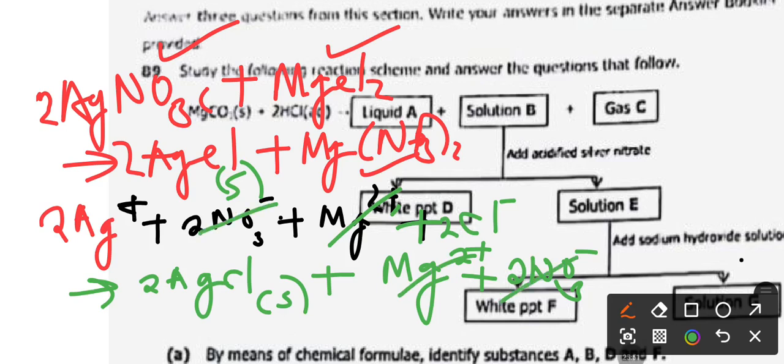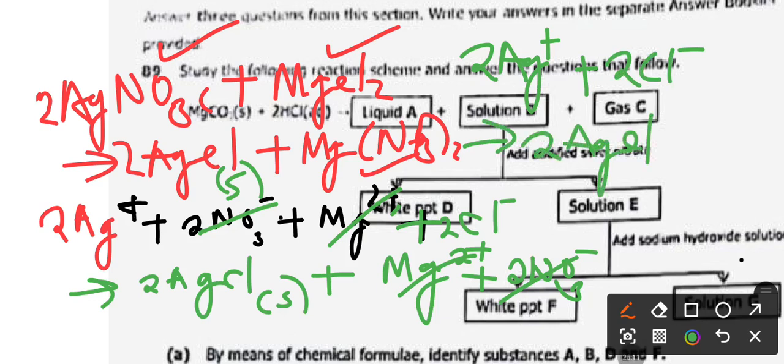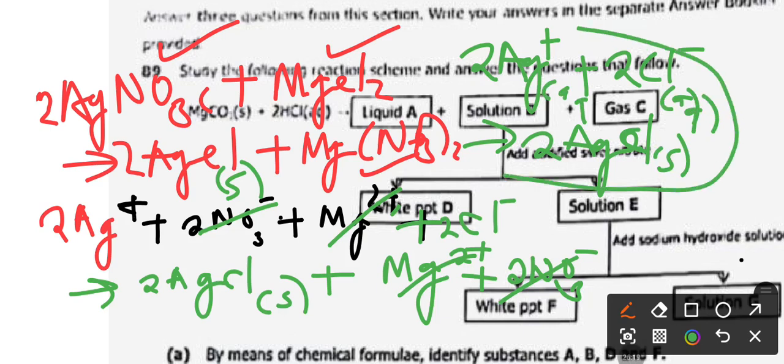So the net ionic equation will now be 2Ag+ plus 2Cl- to form silver chloride. So this is solid and this is aqueous. So that's how you write the ionic equation.